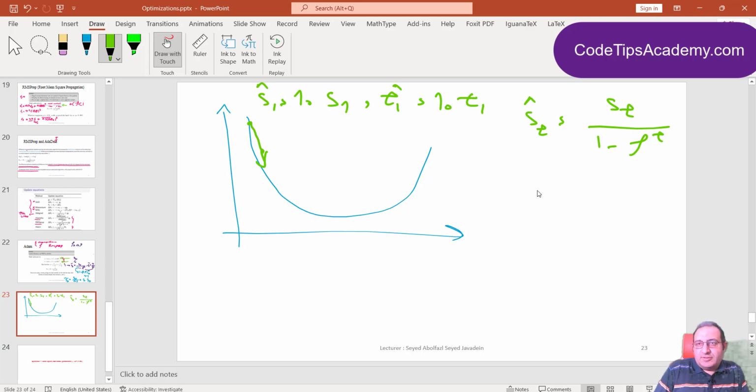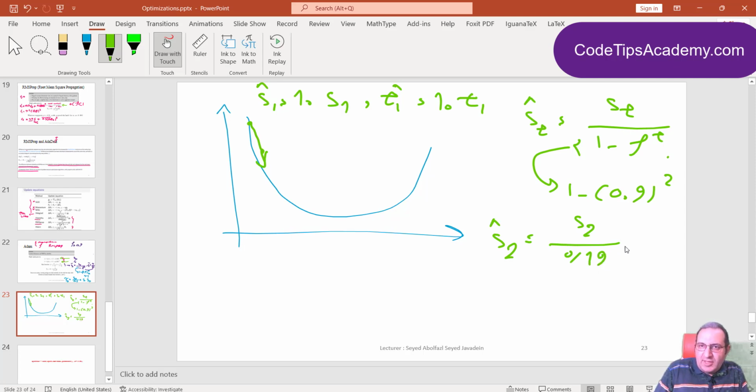At the second steps, this will be 1 minus 0.9 to the power of 2. Okay, S2 tilde is S2 divided by this denominator.